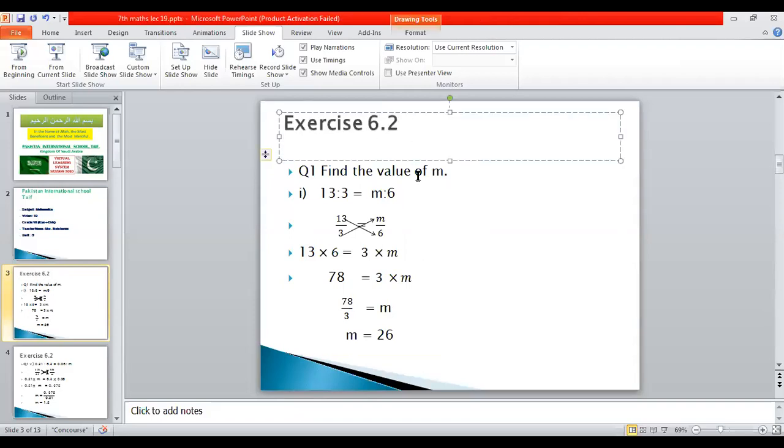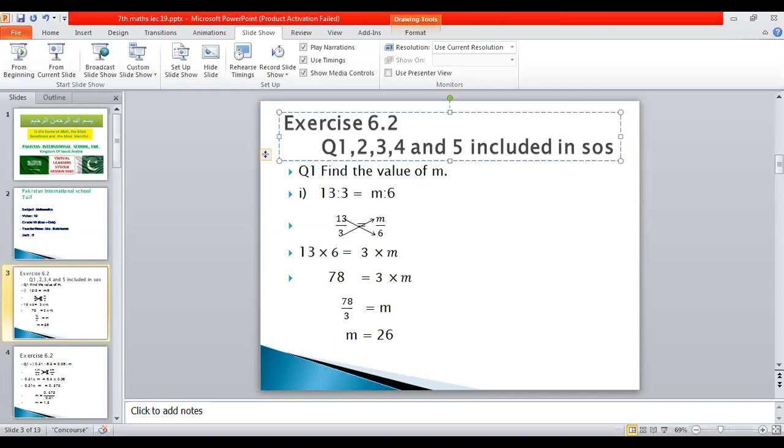So according to SOS, question number 1, 2, 3, 4, and 5 are included in the SOS scheme of studies according to your syllabus.